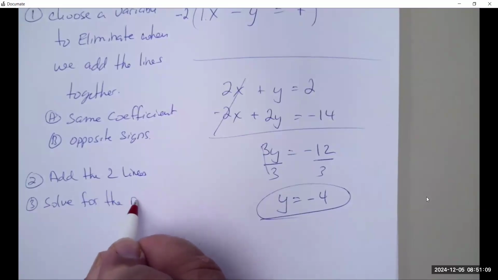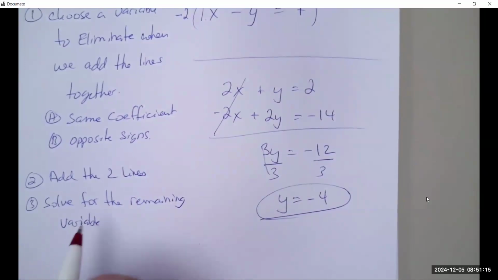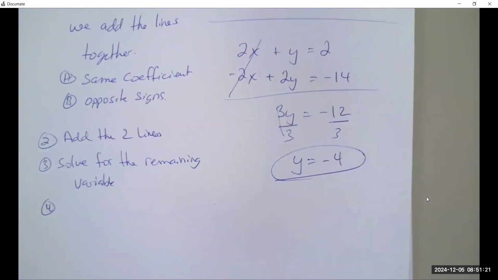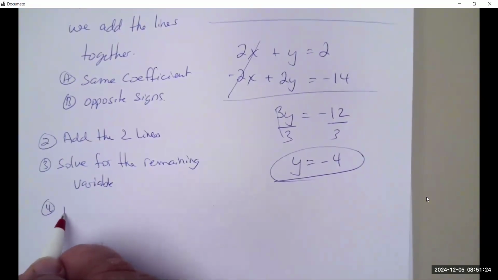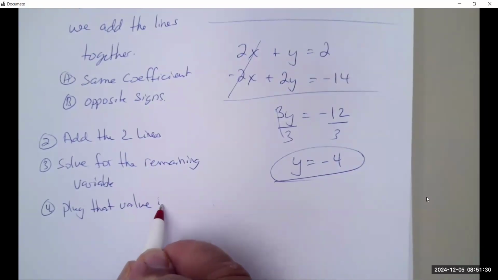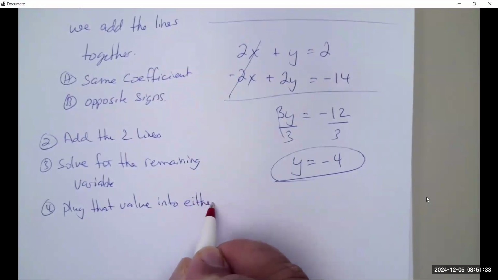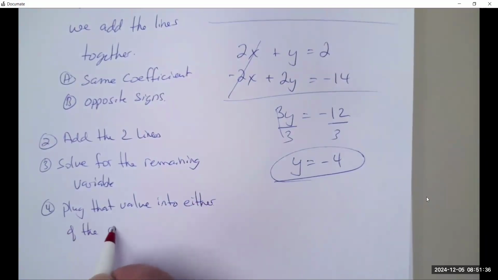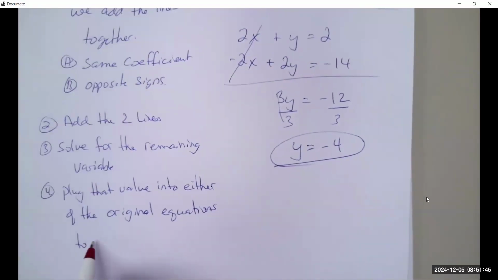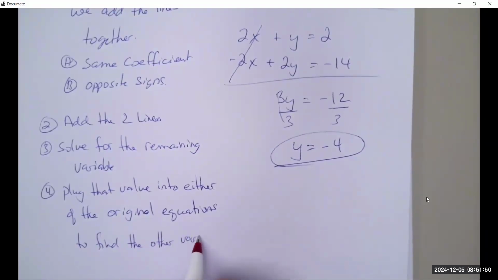Solve for the remaining variable. Now, since we used both equations in the first step, it doesn't matter which equation you plug it into. Plug that value into either of the original equations to find the other variable.